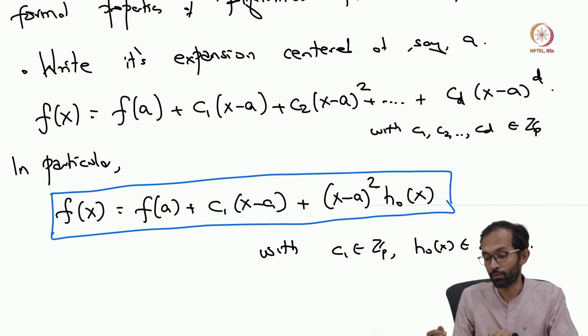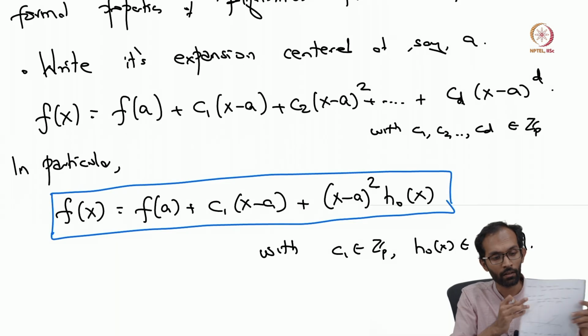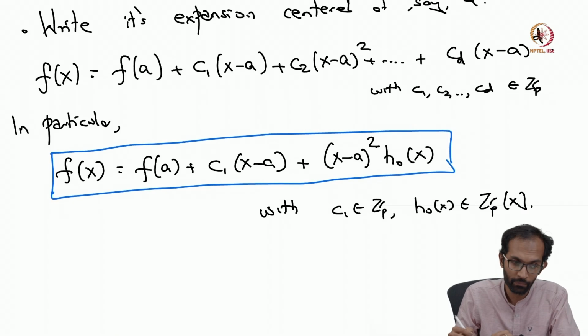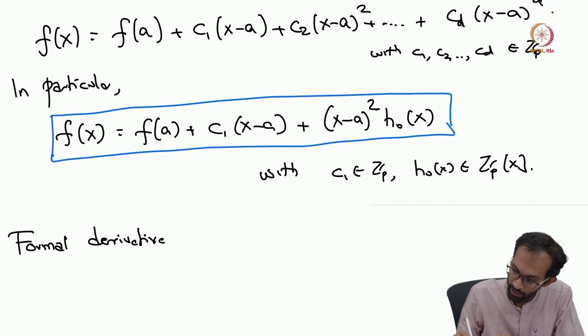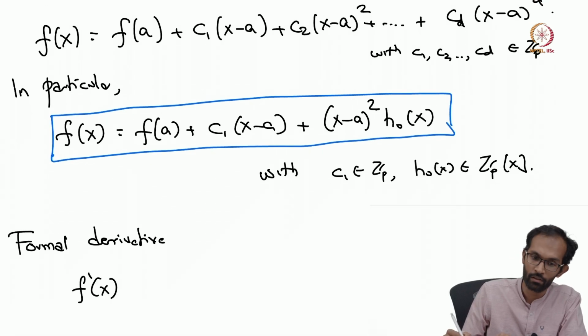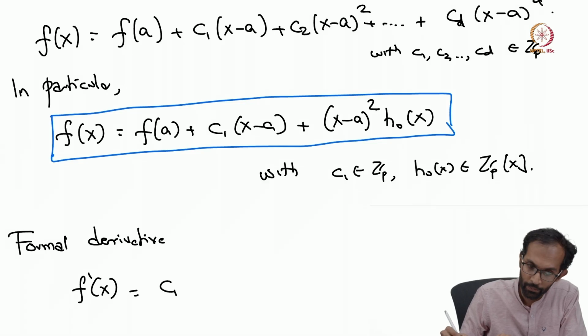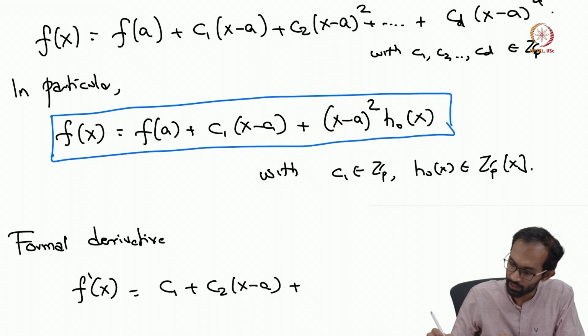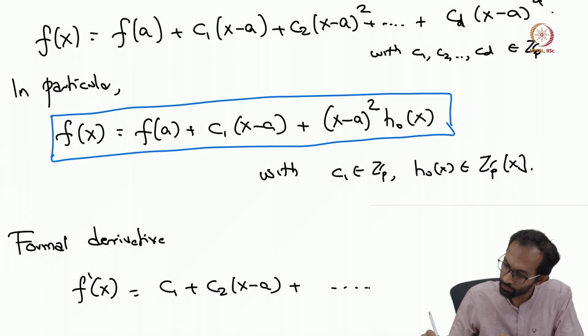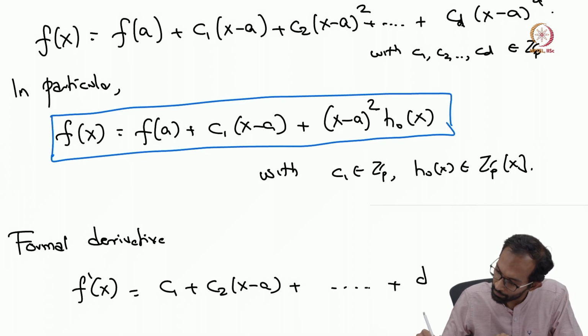Okay, so what's c1? You can also consider the formal derivative f prime of x. So that starts with c1 plus c2 times x minus a plus again so on and so forth, d times cd times x minus a raised to d minus 1.